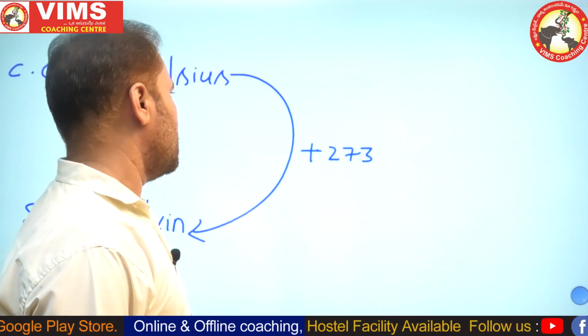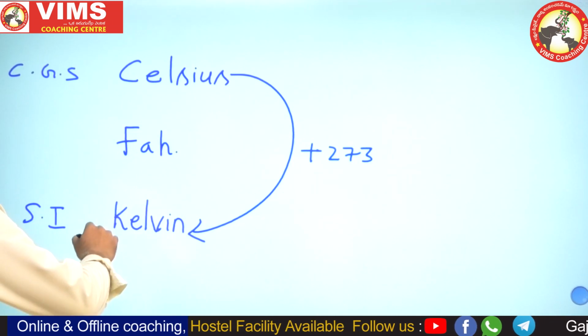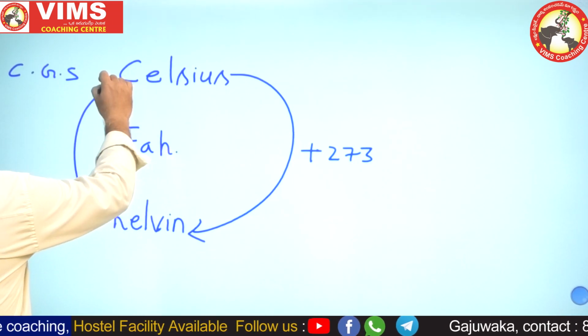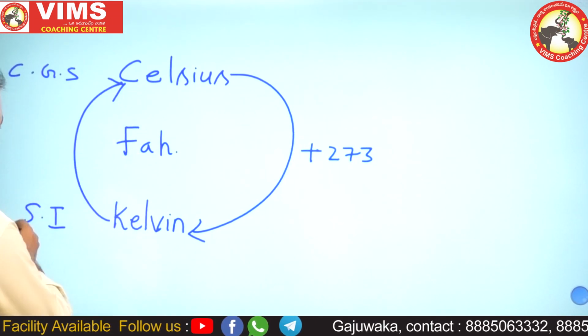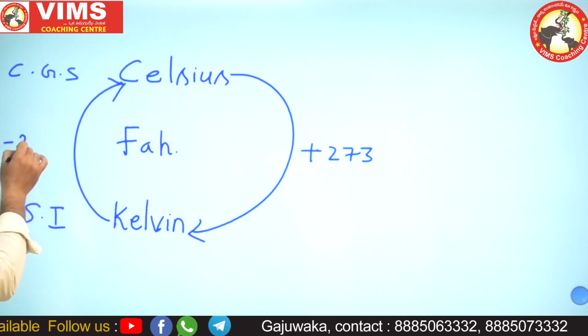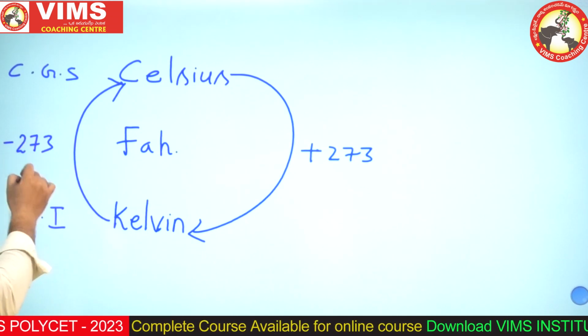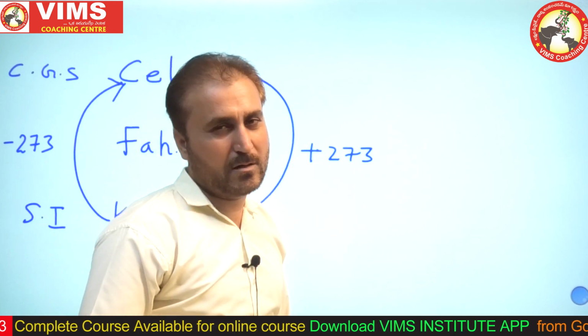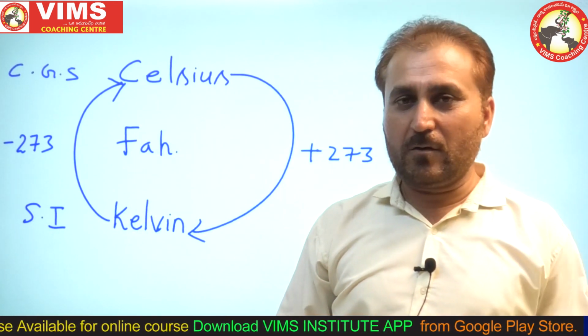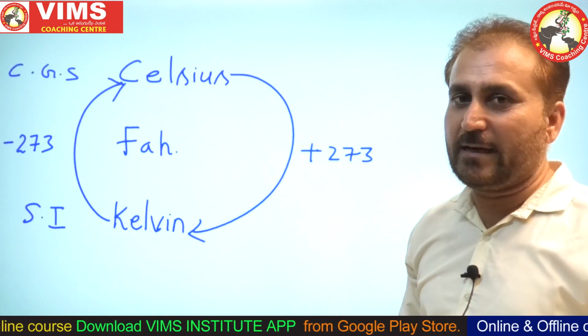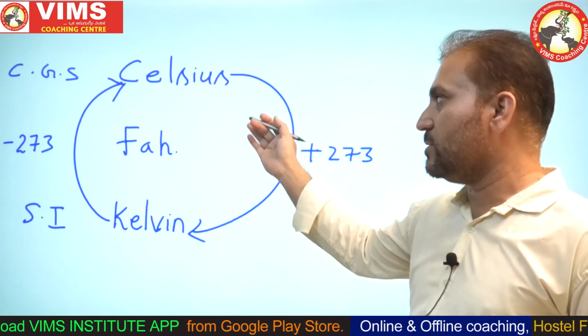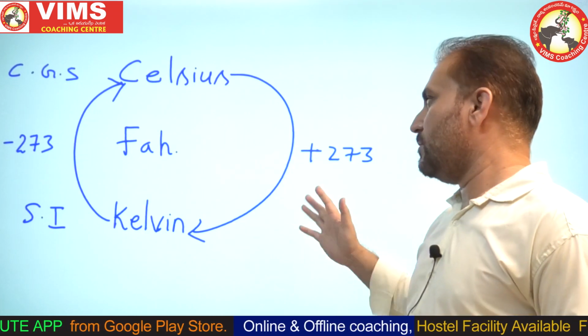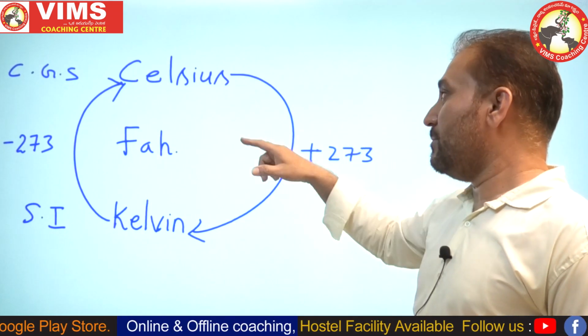If you want to convert from Kelvin scale to Celsius scale, simply you write minus 273. That is the basic logic or a small trick. Instead of memorizing the formula, you can directly convert temperature from Kelvin to Celsius or Celsius to Kelvin.